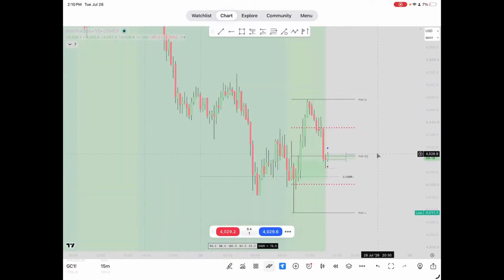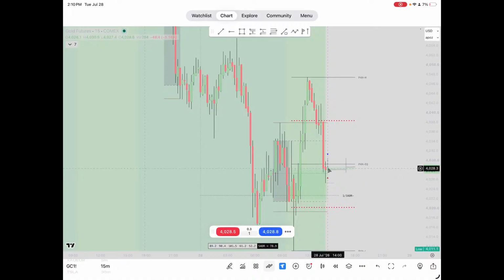But this 4 hour needs to make a decent high and low for the Asia session. So let's see if it wants to come back down to this wick here, maybe. But I would prefer this to close up close. Up close candles, we short, down close candles, we long.